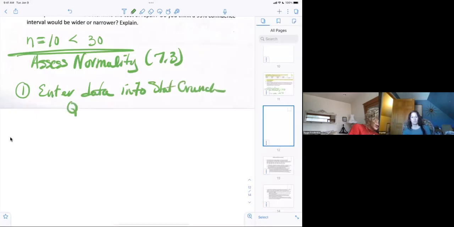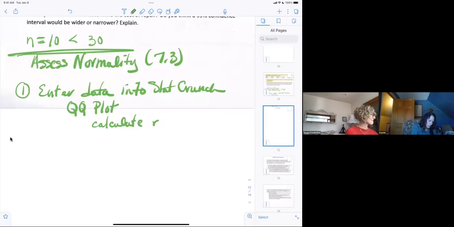And then you would create a QQ plot, because you're looking for the normal probability plot. And you would calculate R. When you calculate R, you get 0.958.